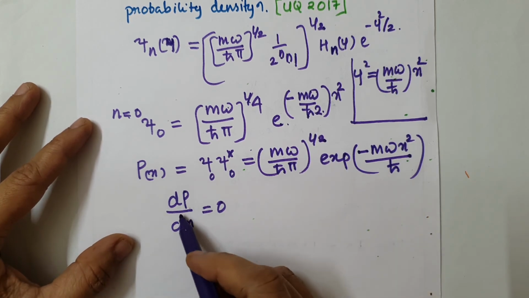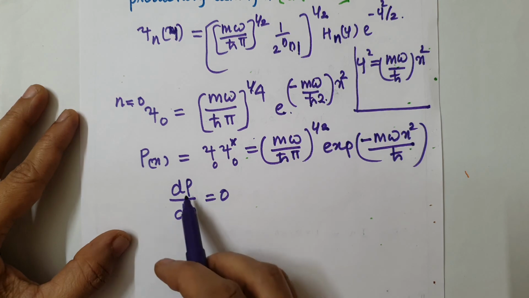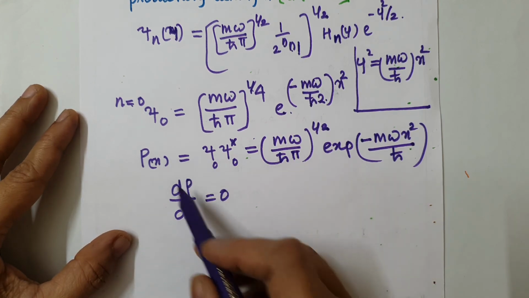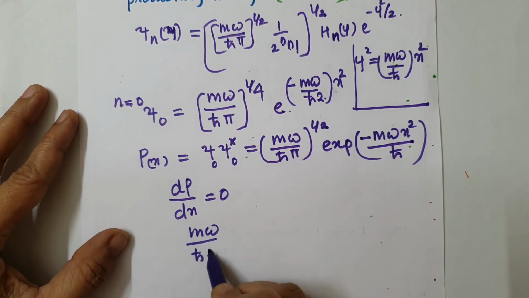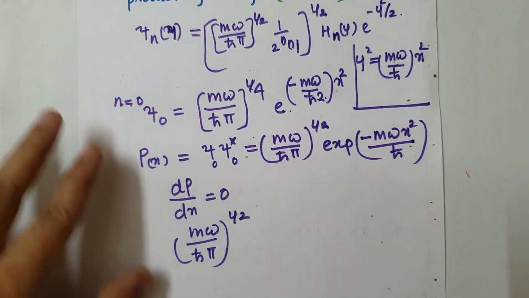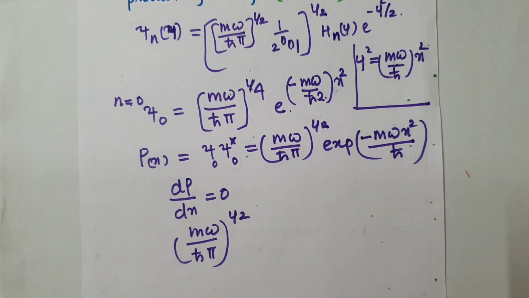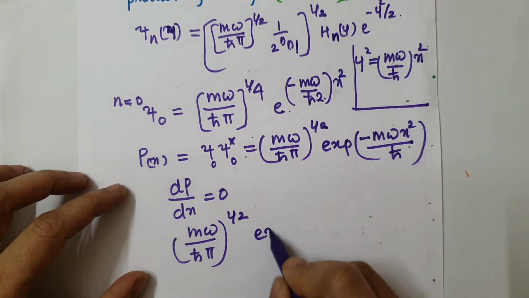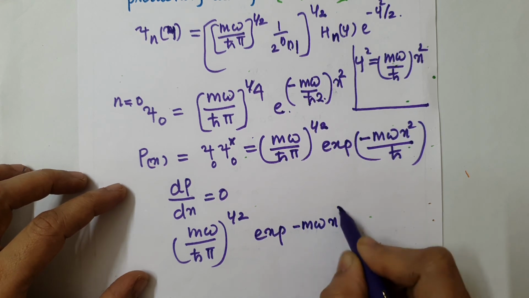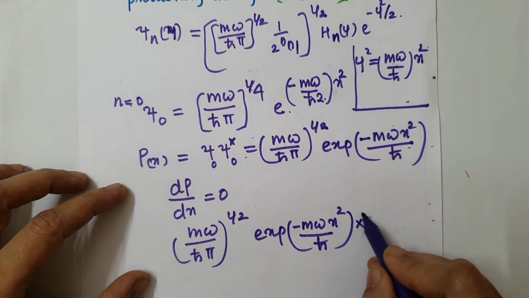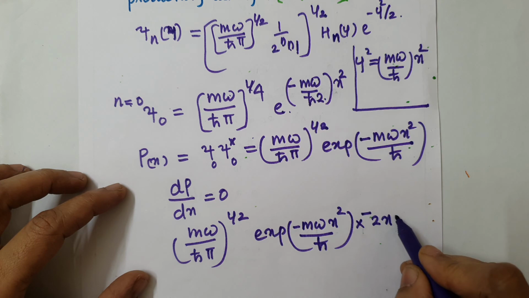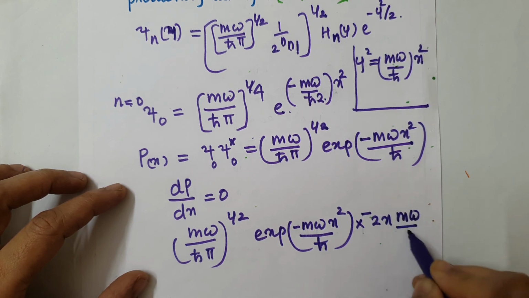When dP by dx is equal to 0, we have the constant (m omega by h cut)^(1/2) times the constant, and e raised to minus m omega x square by h cut times the derivative of the exponent, which is minus 2x m omega by h cut.